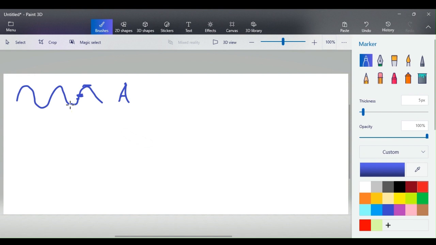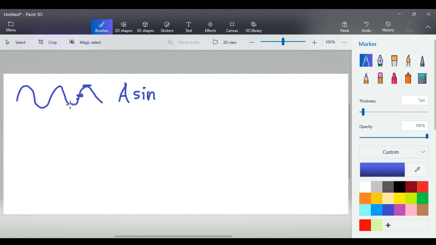Let's see, how are we going to do that? Well, we'll start out slowly here. I'm going to use the word sine, and this represents a waveform that looks like this.